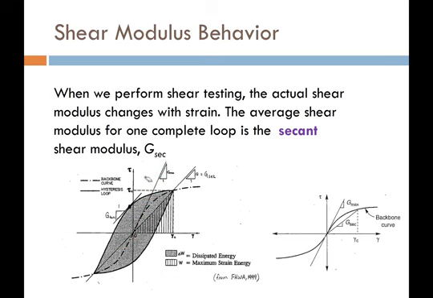No other point of the backbone curve is going to have a steeper slope than that associated with G max. And again, just remember that G max represents the elastic behavior of the soil at very, very low strains.